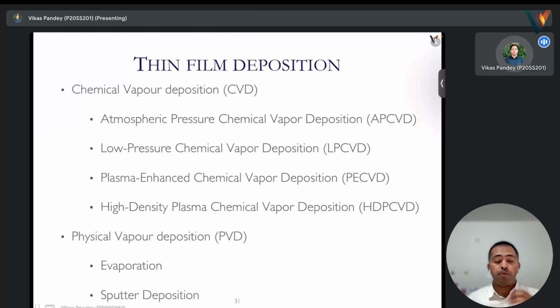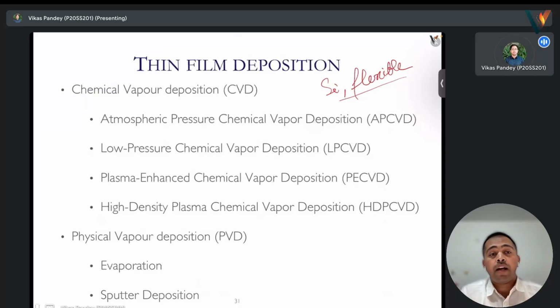That is film deposition. Here we were growing something from the wafer itself. But what if we have to put something extra over it, that is, a film or a layer of a material over our substrate? The substrate can be silicon or a flexible substrate like polyimide.